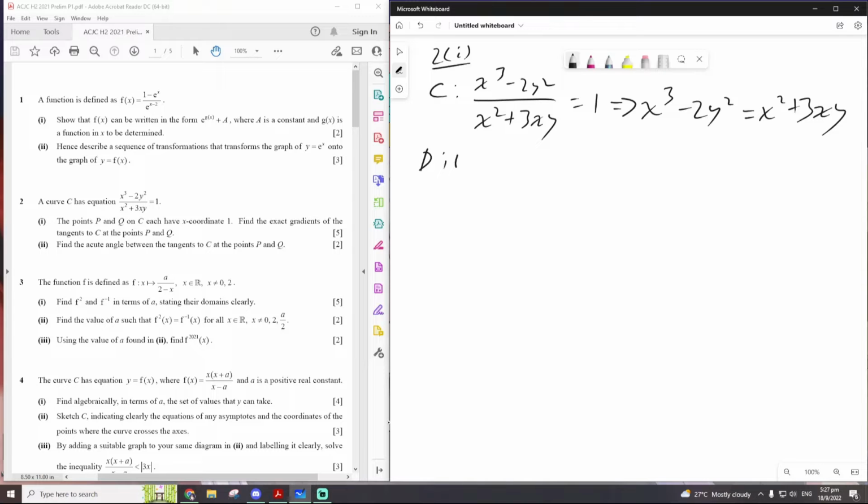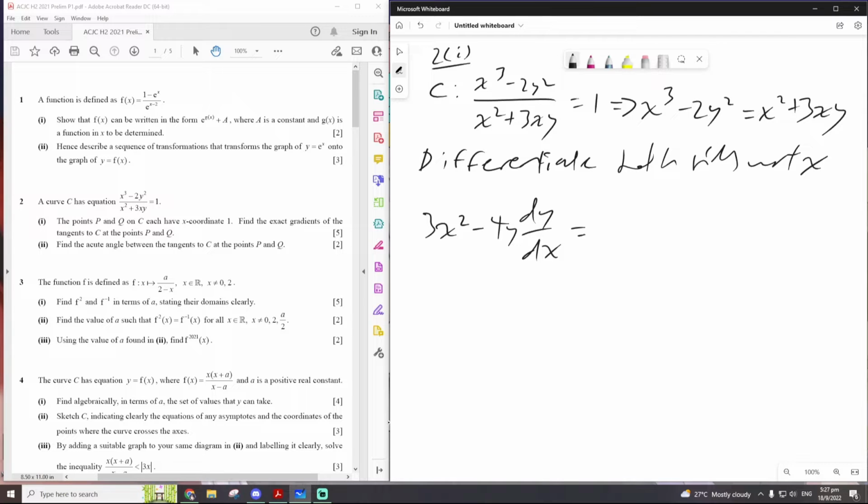We're going to differentiate both sides implicitly with respect to x. On the left hand side you get 3x squared minus 4y dy dx. On the right hand side you get 2x plus 3x dy dx plus 3y.